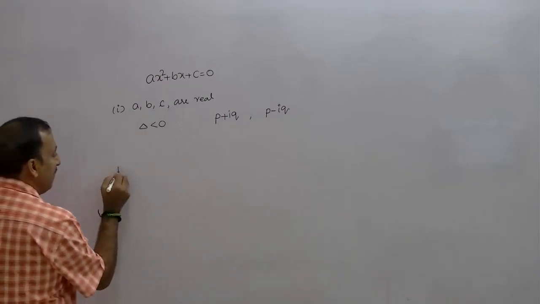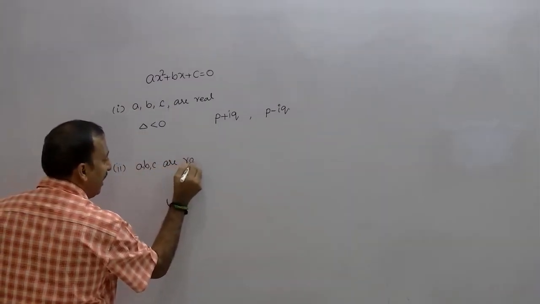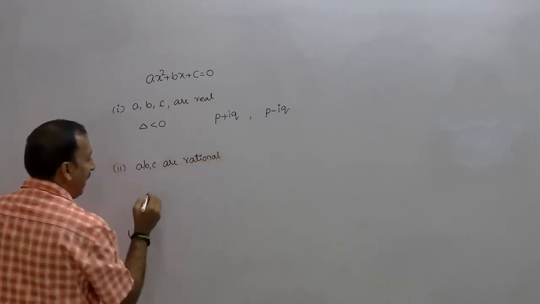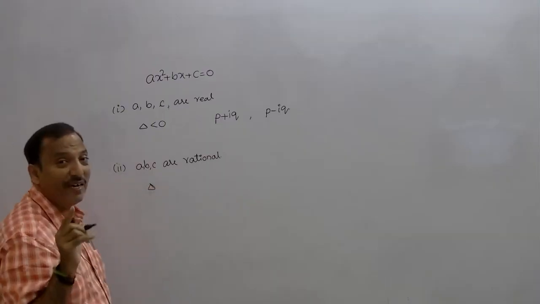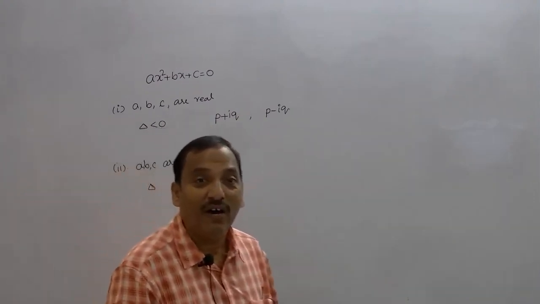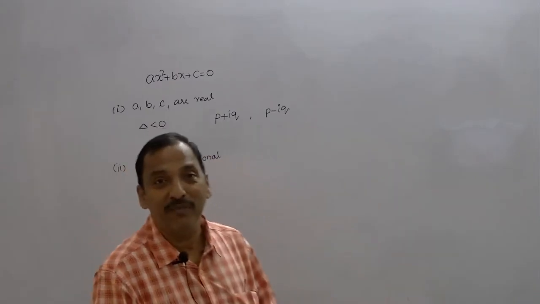Okay, the second one: a, b, c are rational, and if delta is a perfect square, then the roots of the equation are rational. This one is a most important point.